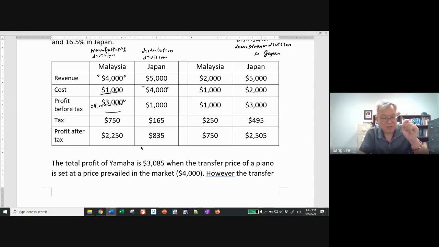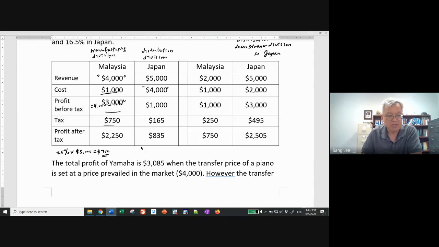The profit is earned in Malaysia, so it is subject to the income tax law of Malaysia. The tax rate is 25%, so 25% times the profit of $3,000 is exactly $750. That's the tax liability of the manufacturing division in Malaysia.